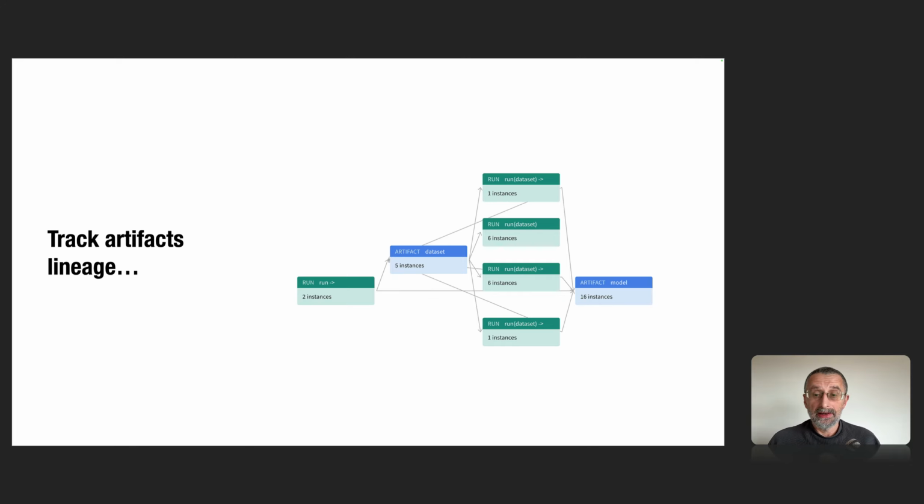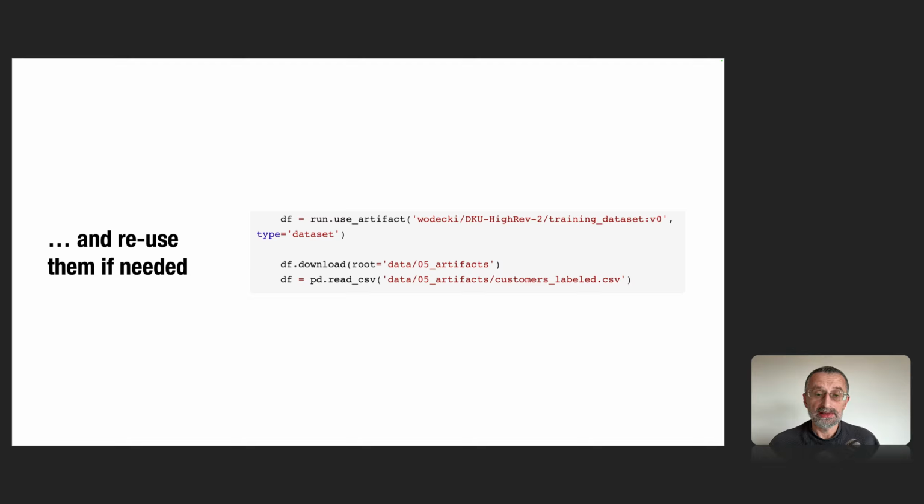Moreover, you can track artifact lineage, how they are transferred during the pipeline, and reuse them if needed. So this is the example snippet where I can create in my Python script a new data frame which will use the run object.